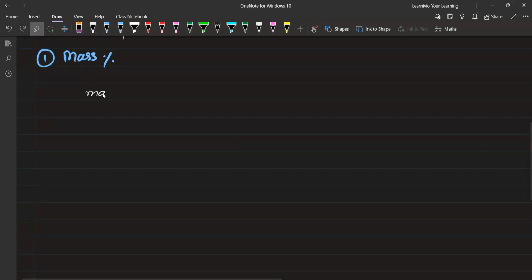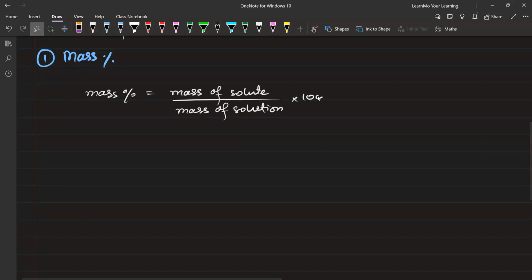So, mass percentage is equal to the mass of solute divided by total mass of solution multiplied by 100. Keeping in mind that whatever unit you are going to use for solute, you will use the same unit for solution also. So this will be a pure number that will not contain any type of unit. It will be pure percentage.